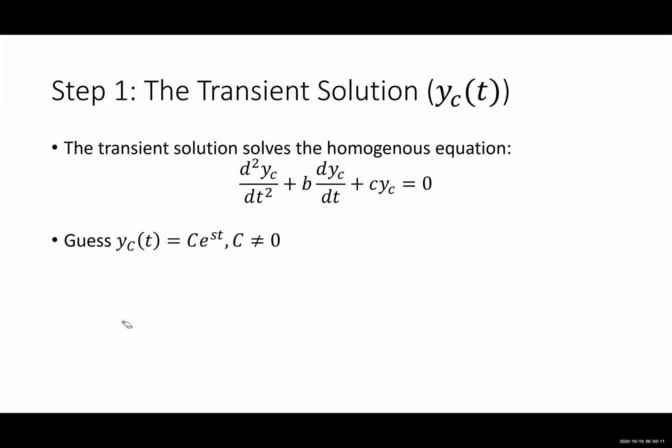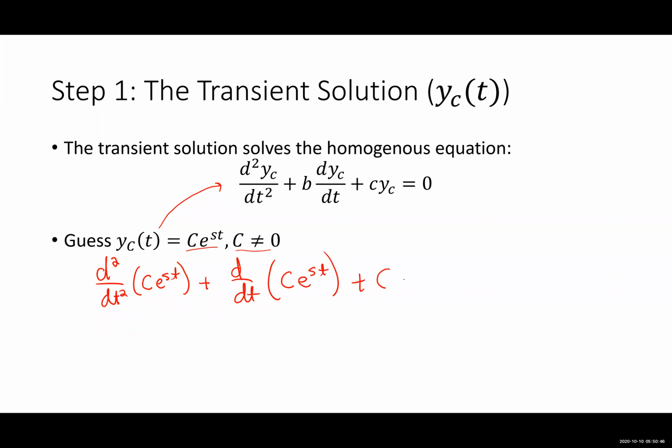And just remember what that looks like here. We always write down the homogeneous equation, meaning we take the output out. We guess y sub c of t to have this form, C e to the st, where we know C can't be equal to 0. We plug that into this equation, meaning we have d squared by dt squared of C e to the st plus d by dt of C e to the st plus C e to the st, all equal to 0.